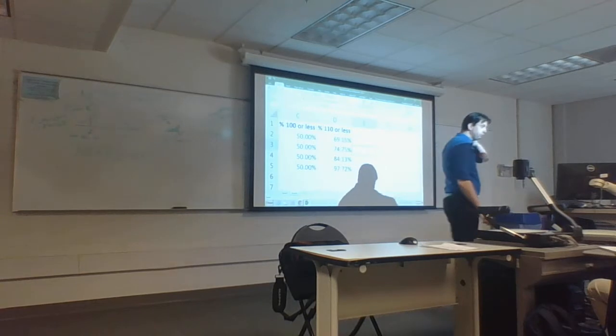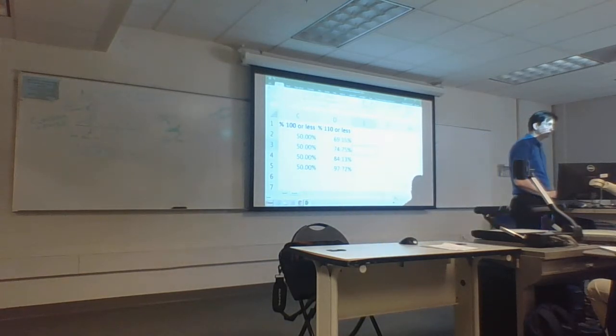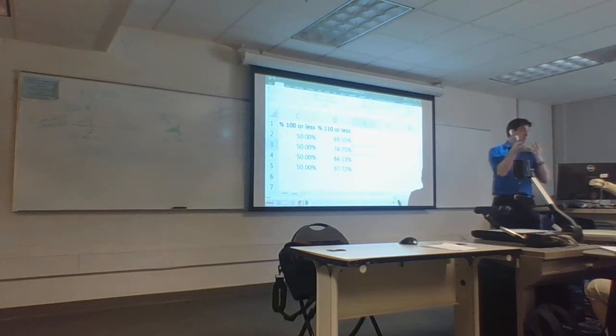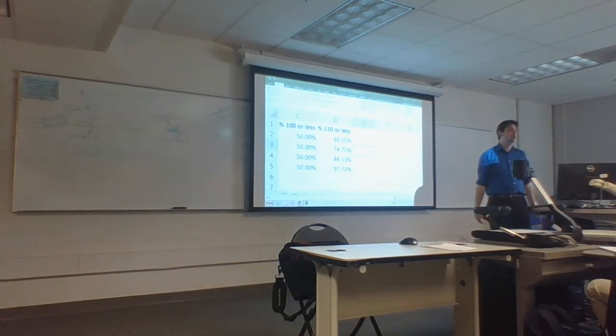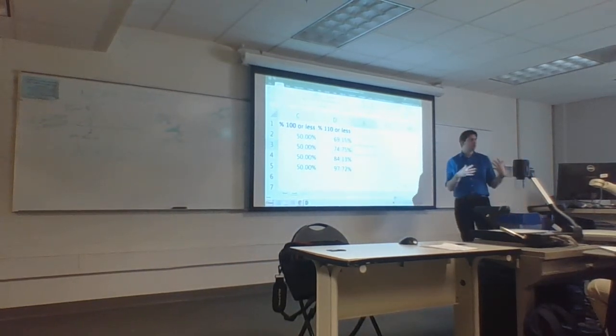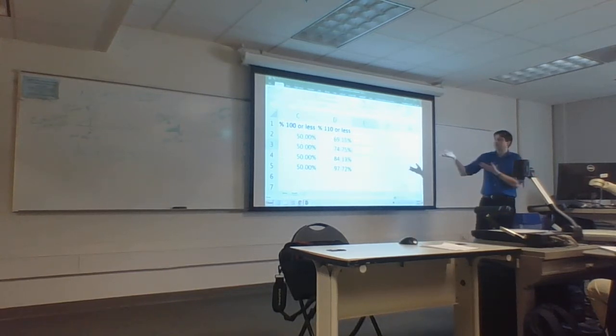So in the equation, the first number is the one you're looking for. And you see that when we type normal distribution, it says x, comma, mean, comma, standard deviation, comma, cumulative. So I don't ask you to memorize it because Excel tells you.